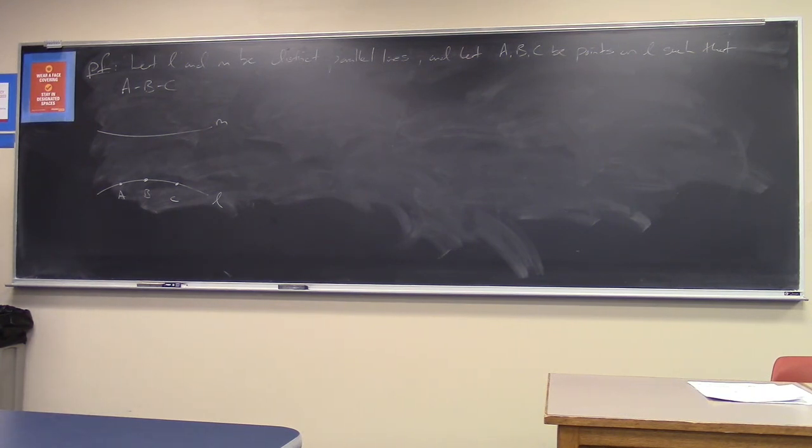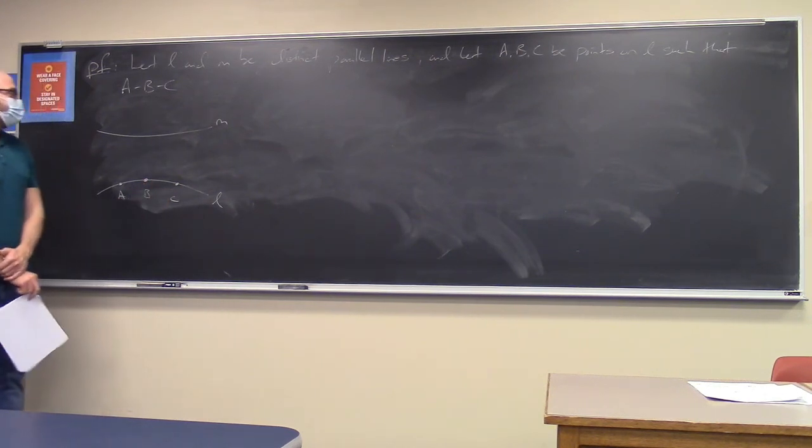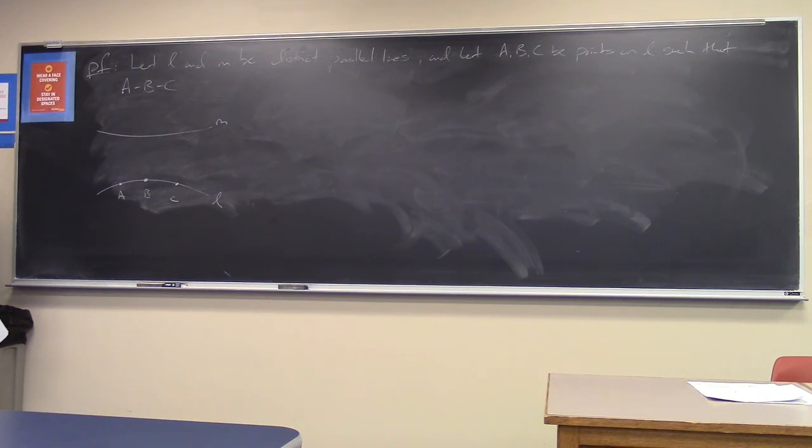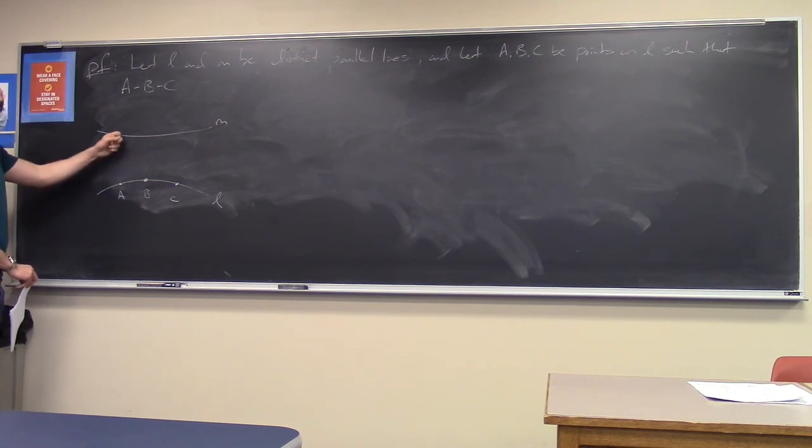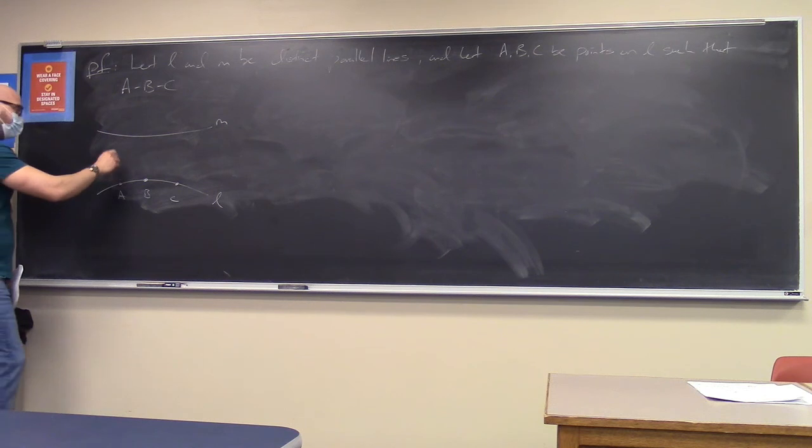The textbook actually draws this same picture, but they draw it in a Euclidean sense with lines that look straight. I figure we're proving stuff in hyperbolic geometry now. Why not try to draw stuff that actually looks hyperbolic? So I've drawn 2 hyperbolic looking lines. And what I'm going to do is erect perpendiculars from M to these points if you want.